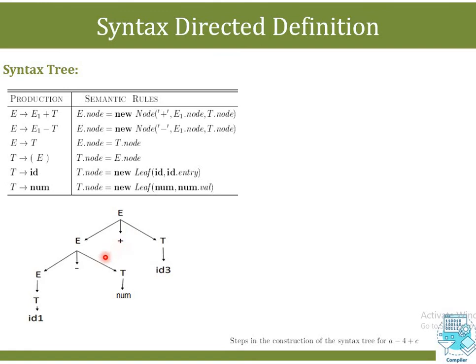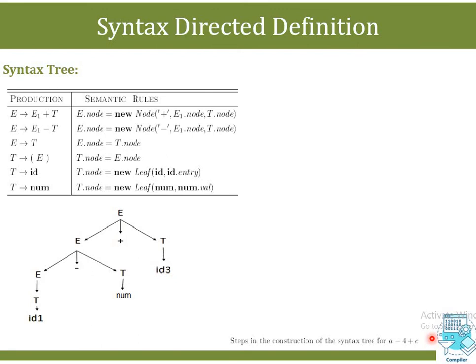E is expanded to E1 plus T. Again, E is expanded to E minus T. Then E tends to T, and then T tends to id. Here T tends to num. Similarly, on this side T tends to id. By using this grammar, we are validating the input string. Now the input string is a valid string.